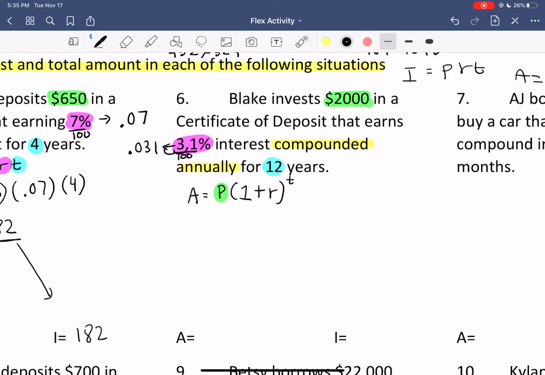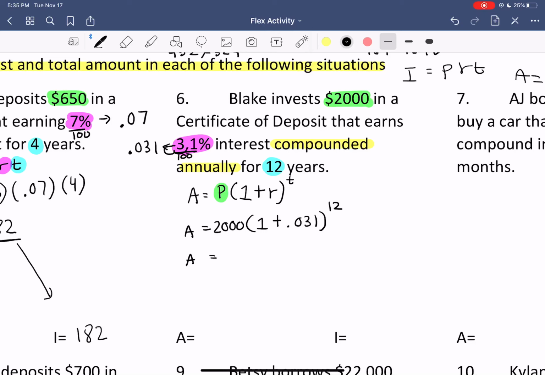So what we'll do is take A equals 2,000, parentheses 1 plus 0.031, to the 12th power. And when we simplify that, we'll get 2,000, parentheses 1 plus 0.031, parentheses raised to the 12th power.